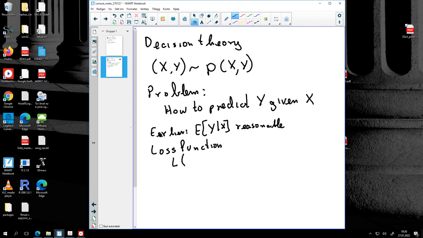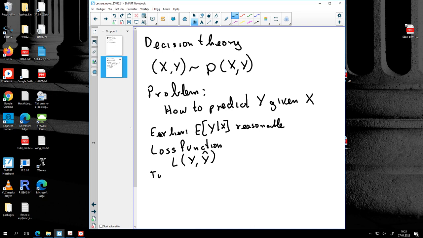This loss function is a function of the actual variable that we want to predict, which is y, but also of the prediction that we make. So this is a way of measuring how bad we are doing.